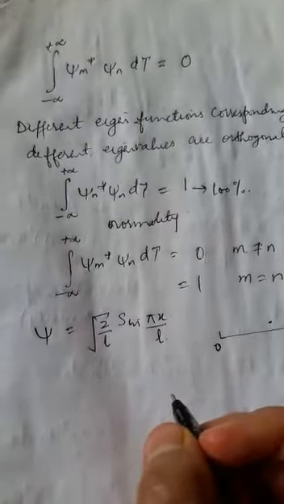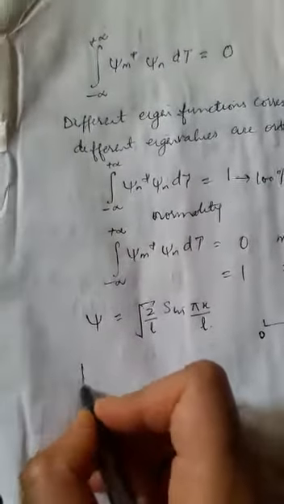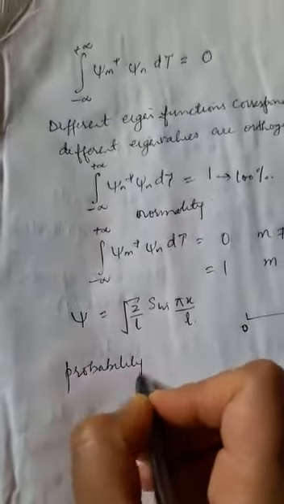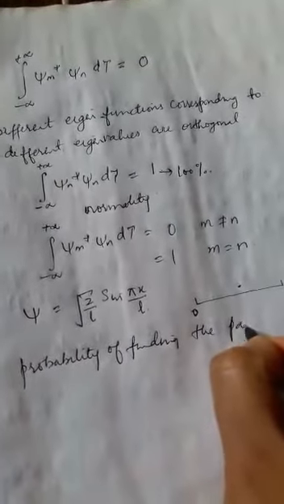the one-dimensional box. Now, let us find the probability of finding the particle inside this box.